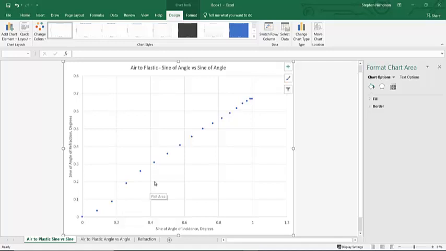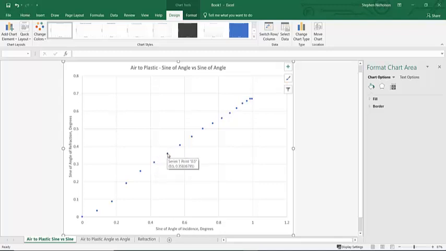Now what we'll do is we will fit a curve to this to find out what the slope is, because the slope will be the ratio of the indexes of refraction. In this case, it will be the index of refraction of air divided by the index of refraction of the glass.